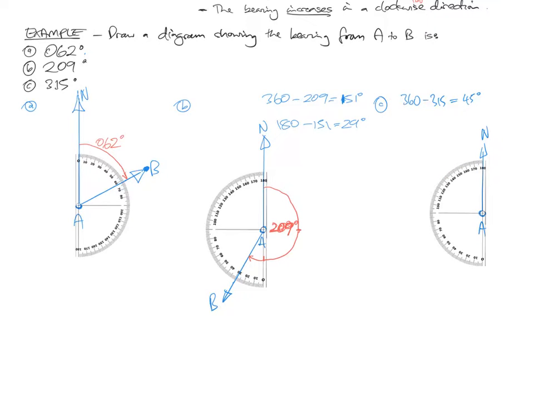What I can do is work out 180, take 45, that comes to 135 degrees, and that tells me at 135 on the protractor is where 45 degrees anti-clockwise would be. So I put a dot on the protractor where I need it. I can go from the origin A to that dot.